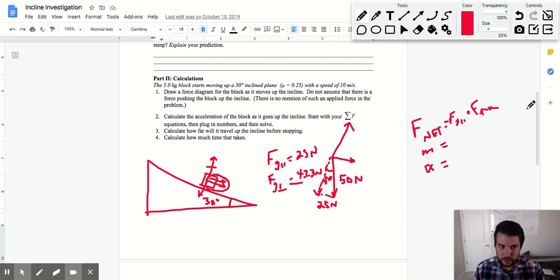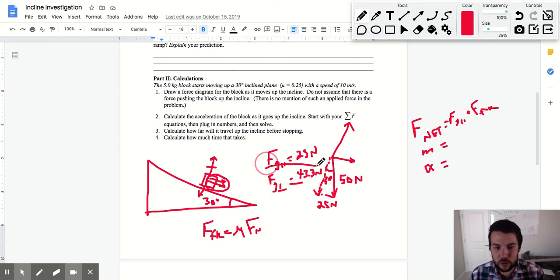And since it's sliding, it's going to be my kinetic friction, which means that I need to find that force of kinetic friction. Now I know that my force of friction is mu times my normal force. And it's very important that you recognize that the normal force is the perpendicular component. We said those were equal, the normal force and the perpendicular component. It's not the force of gravity. Again, another reason why we make sure that we are not using the force of gravity in our friction calculation.